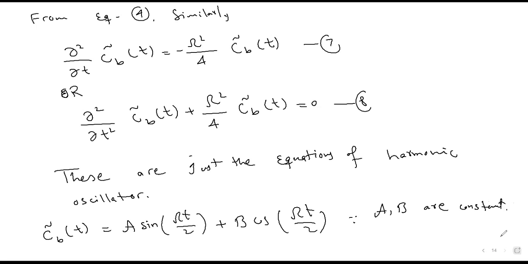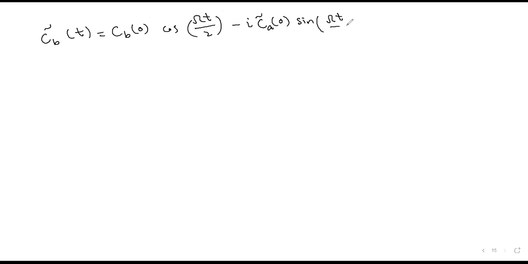However, using Cb and Ca, we can write the solution as Cb of t equals Cb of 0, at t equal to 0, that's our initial condition, times cos of omega t by 2 minus iota Ca tilde of 0 sine omega t by 2. So this is equation number 9.